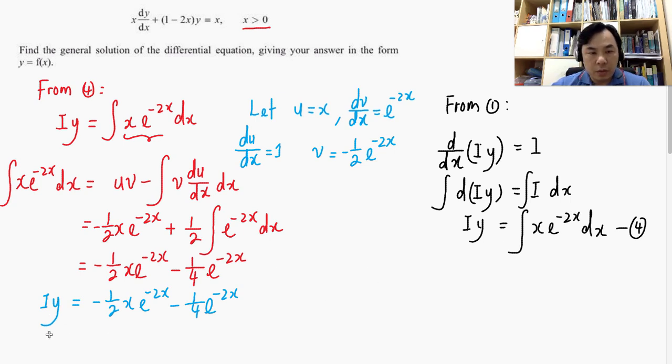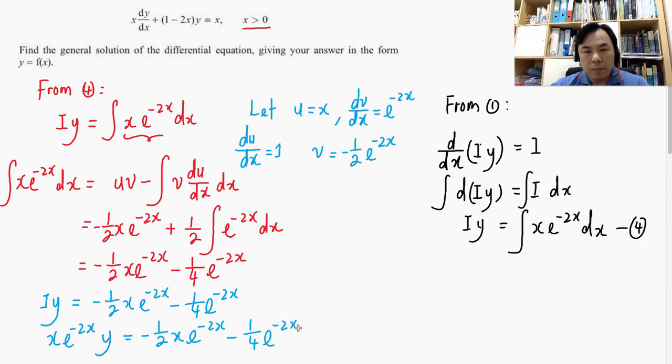So therefore, I can write down x e negative 2x y is equal to negative half x e. All right, so there you have it at this point of time.